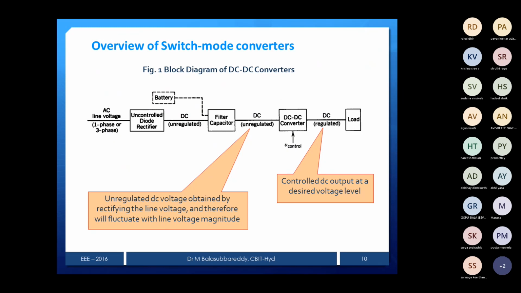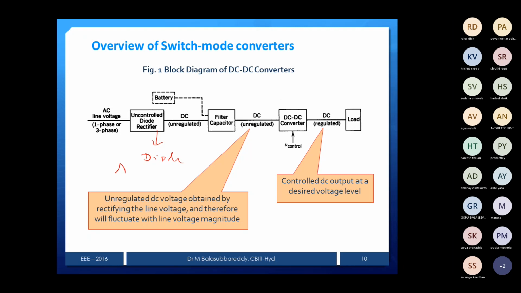Now the internal structure of the switched mode converter, as I explained previously: there is an input AC supply, then we use a diode rectifier, which gives DC. This DC is not a controllable one, that must be remembered, because we used a diode rectifier.